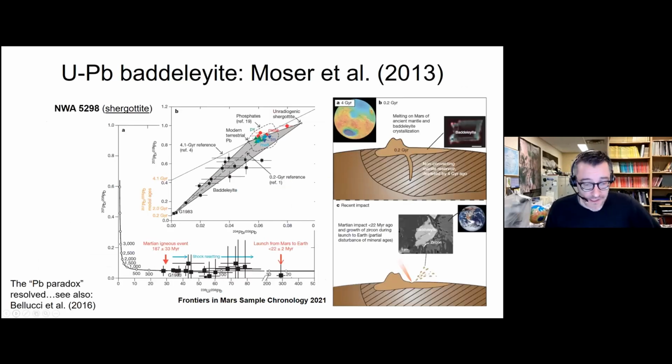And then additional insights were gained by this really elegant study by Desmond Moser, James Darling, and others, where they looked at baddeleyite, and we'll hear more about this in this workshop.